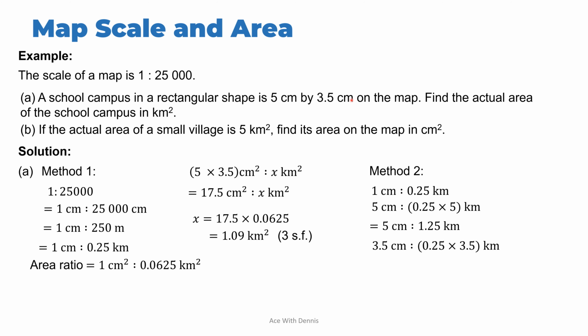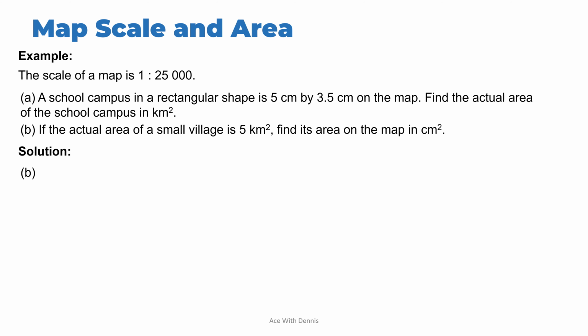So we repeat the same process for the width of the rectangle, 3.5, converted to kilometers, which is 0.25 times 3.5, and it is 0.875 kilometers. Hence, the actual area will be 1.25 kilometers times 0.875 kilometers, and the answer is 1.09 kilometers square, rounded off to 3 significant figures.